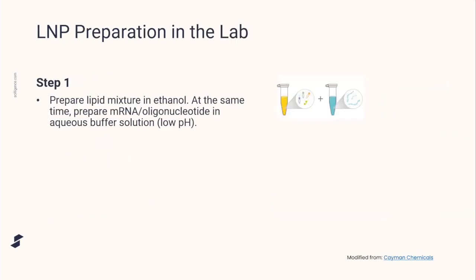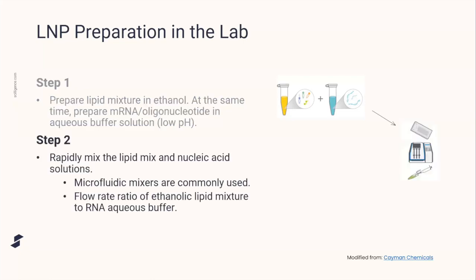So let's look at how these nanoparticles are prepared in the lab to help inform the development of ELN experiments. In general, you prepare a lipid mixture in ethanol or a solvent, and then at the same time prepare the nucleic acid in an aqueous buffer, usually at low pH, and then rapidly mix the two solutions together, most commonly with a microfluidic device.